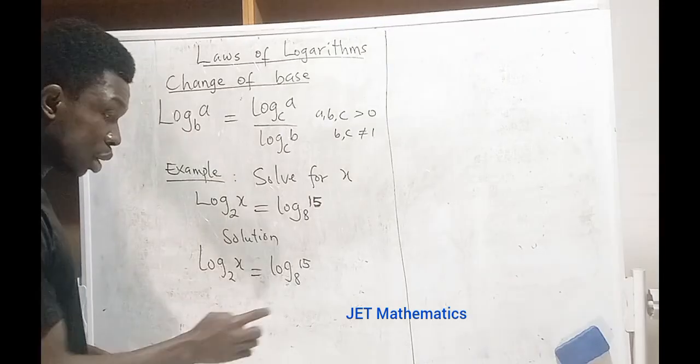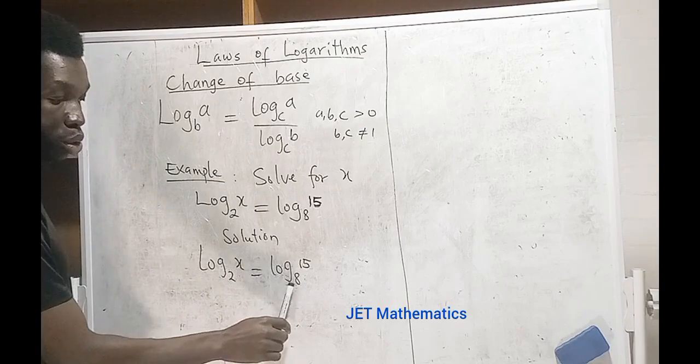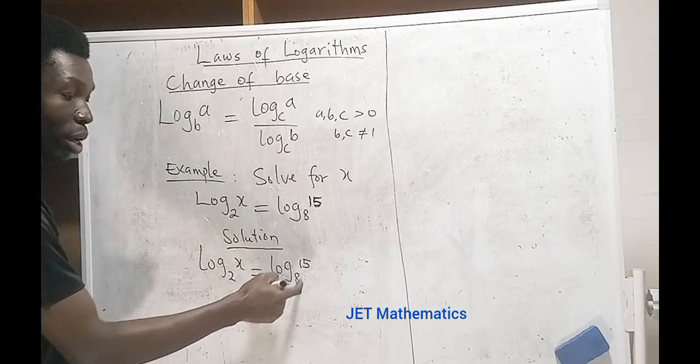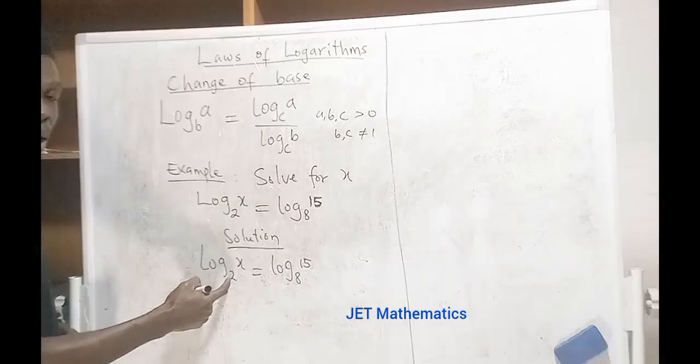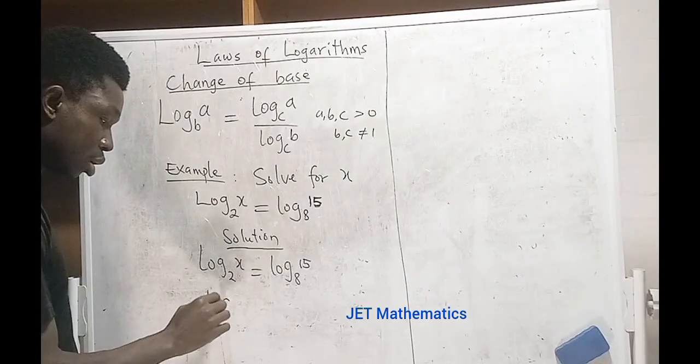So what we are going to do is change the base of this logarithm. We are going to apply change of base here. We'll change the base to base 2 to match our left hand side, so here still remains log 2.